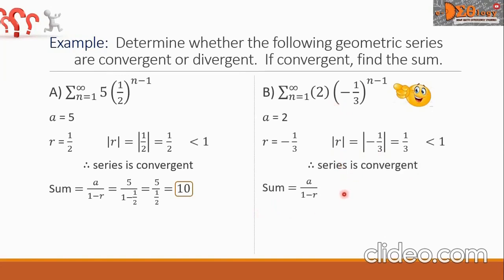Let us now substitute the values. The a becomes 2 all over 1 minus the r, which is negative 1/3. Negative and negative becomes positive. So 1 plus 1/3 becomes 4/3. And this complex fraction, we can show as 2 multiplied by 3 over 4. And this will be simplified into 3 halves. This is the final answer.